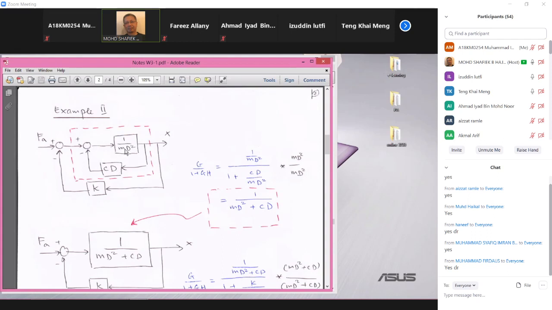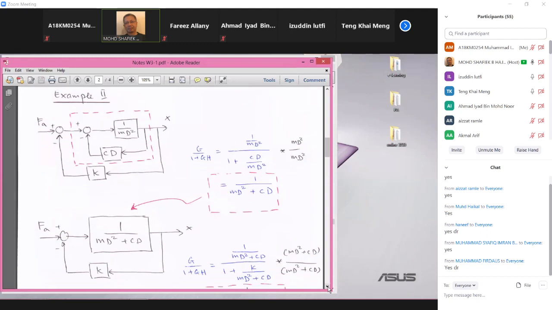So G is 1 over md square, H is equal to CD. So you can replace this with G divided by 1 plus GH. G is 1 over md square, and then you can simplify that, and you get 1 over md square plus CD. So you can replace the whole thing in the dotted red line with just a single block.